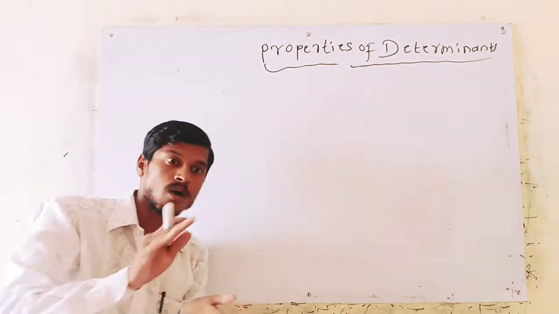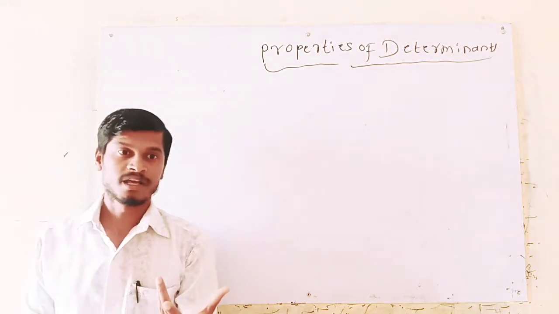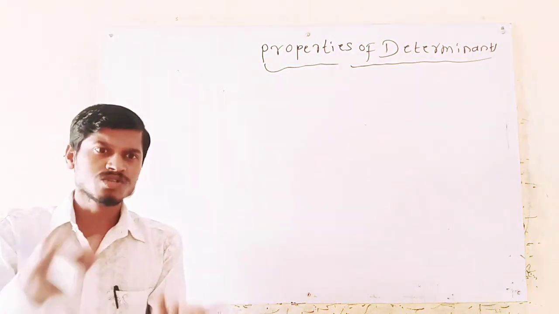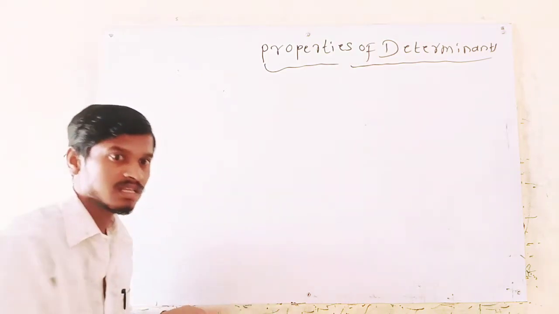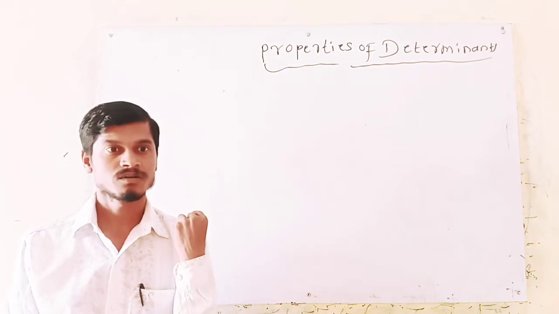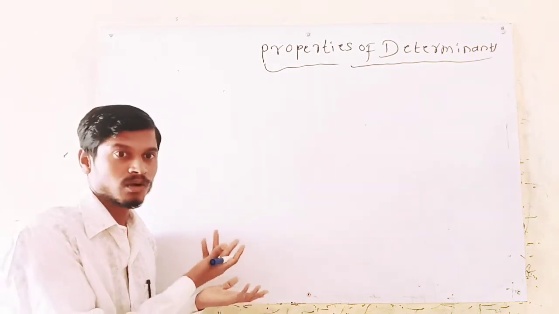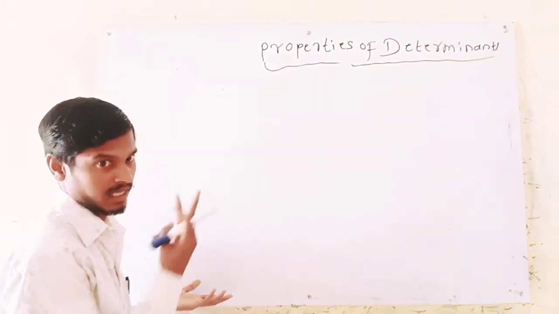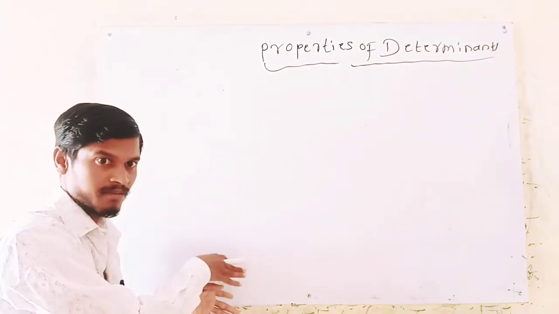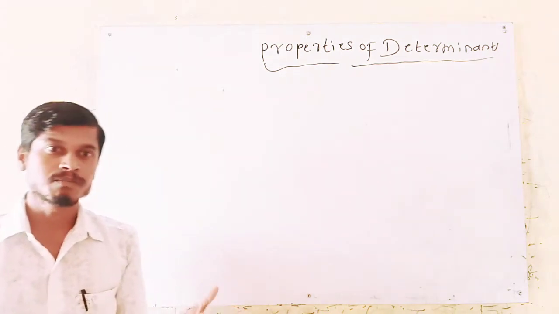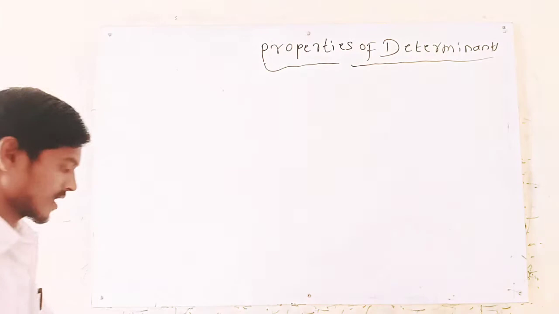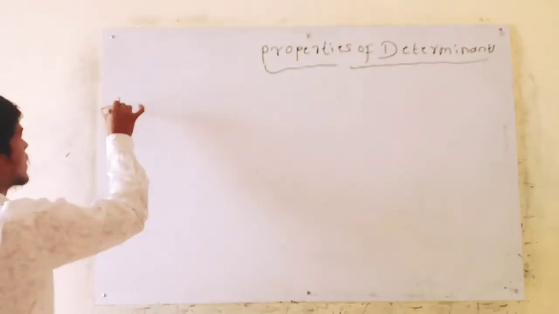Then you have to expand. Maximum number of zeros means either 2 zeros or 3 zeros or 1 zero, only 3 possibilities, because you are dealing with only up to order 3. Order 4 will not be given, because in your syllabus they have given only up to order 3. That's all.